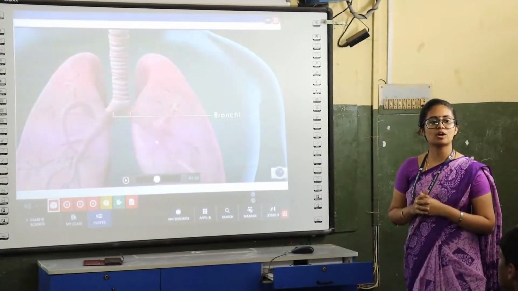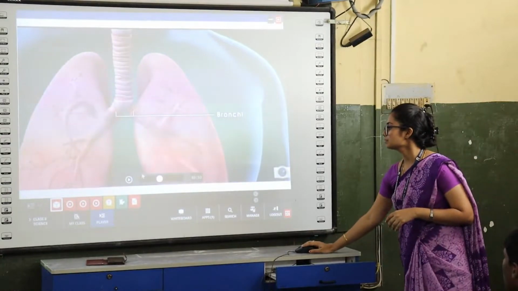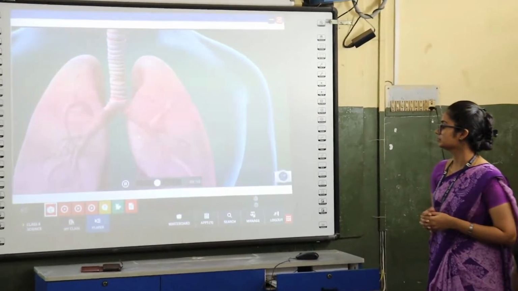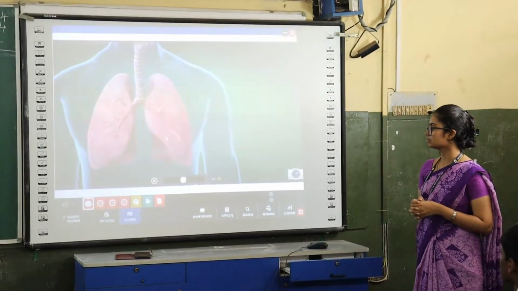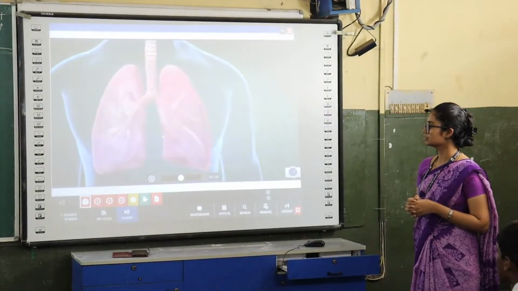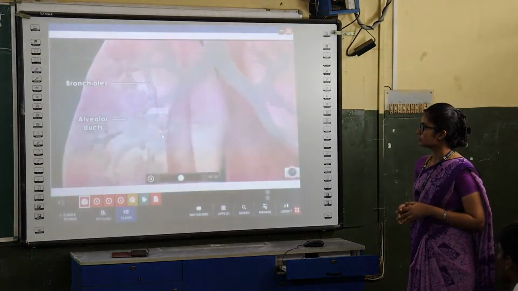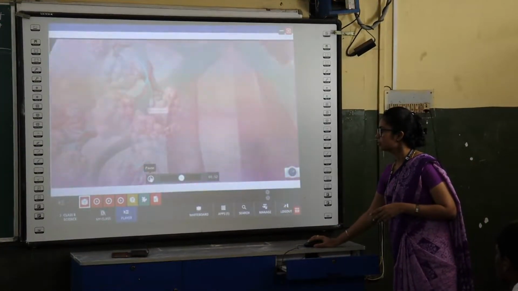The pair is said to be bronchi. Okay? Each bronchus will lead into a lung. And as it enters, it will divide further into bronchioles and alveolar ducts, which end.